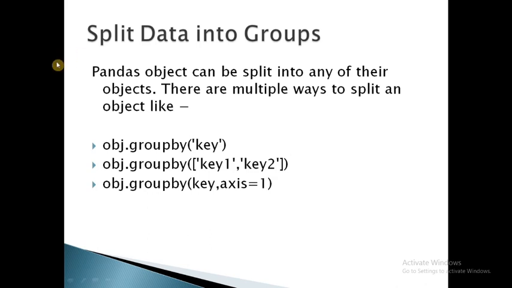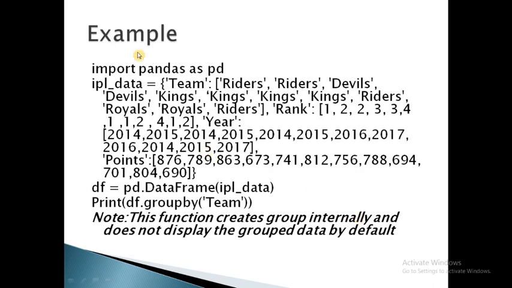So object dot groupby, and in brackets we will write the key. The key value can be any column name. It can be multiple also, so we will explain it in the next example.